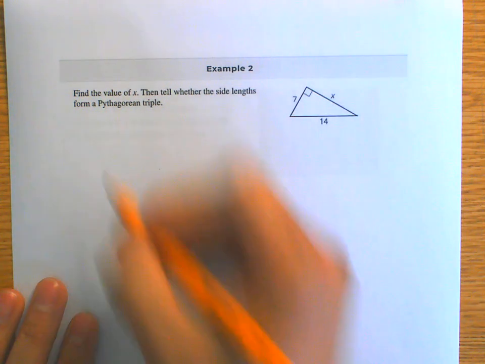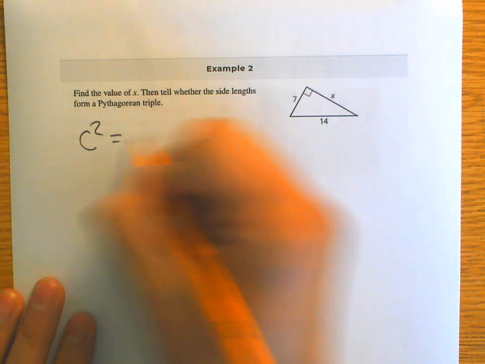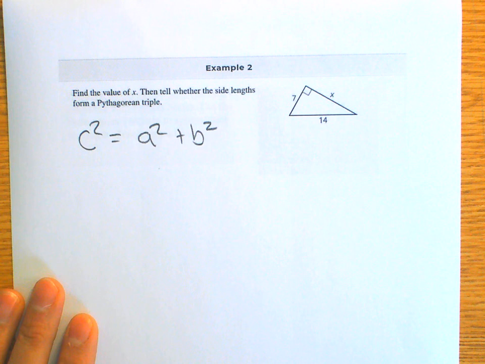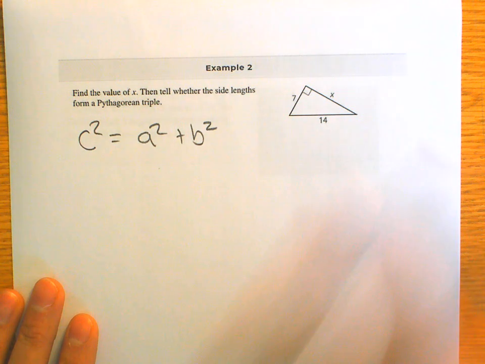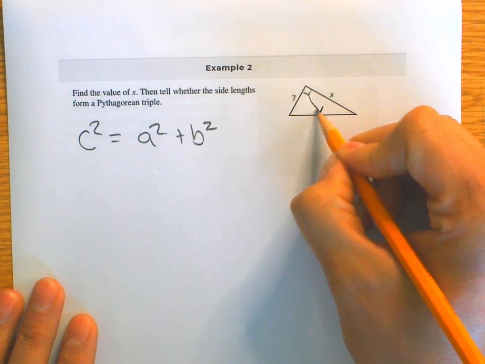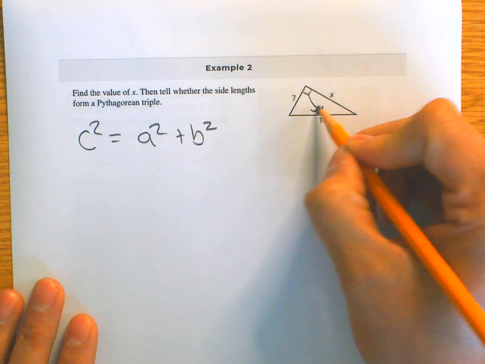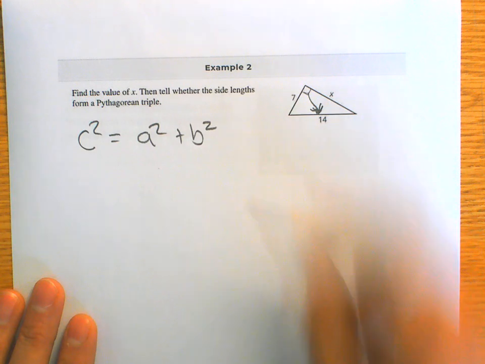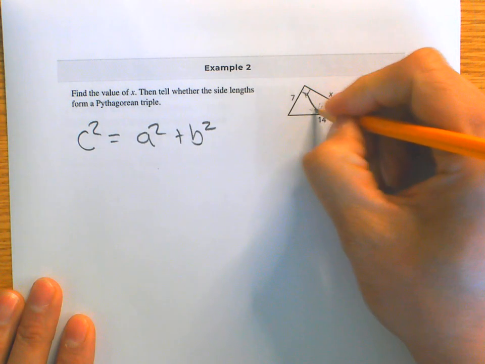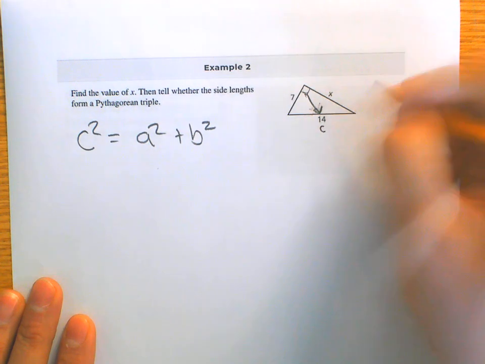All right, so same thing. We're going to do c squared equals a squared plus b squared. Remember, first thing we need to pick is our c. Here's the hypotenuse, and the one that is right across from it, I'm having a hard time drawing an arrow, the one that is right across from it is going to be your c. So that's going to be c.